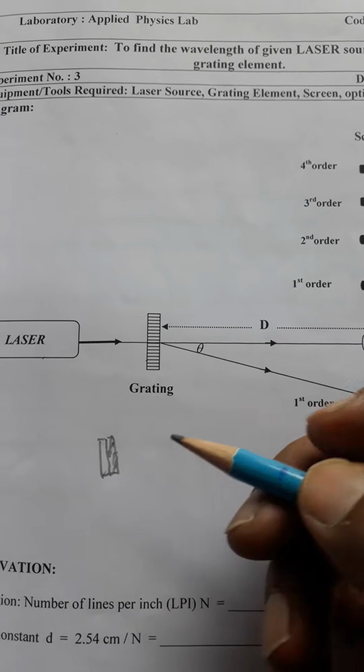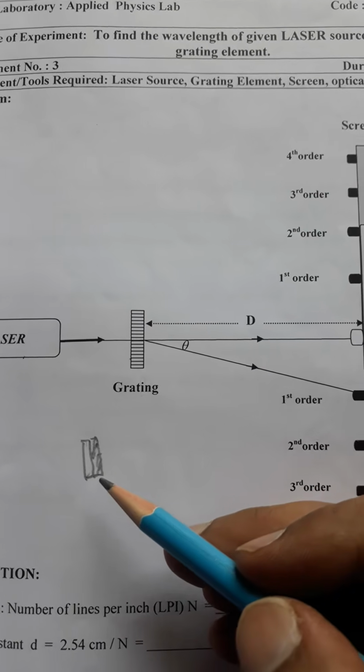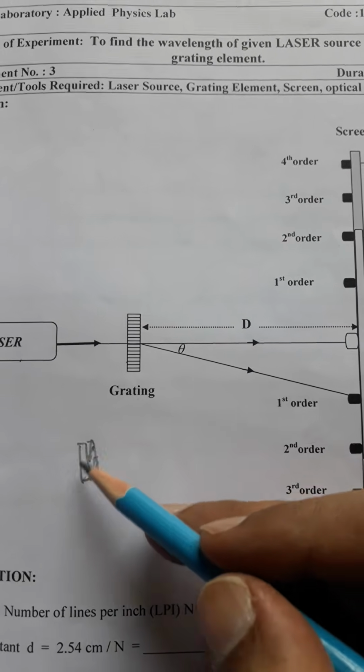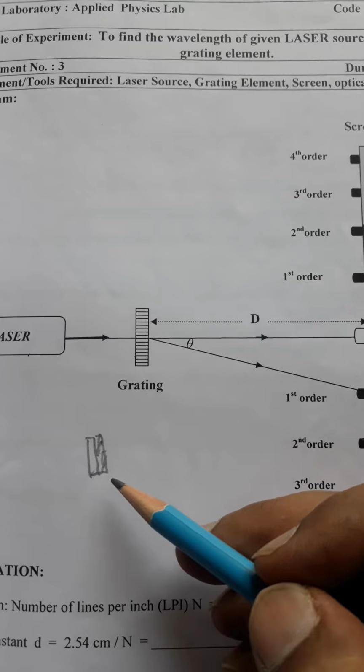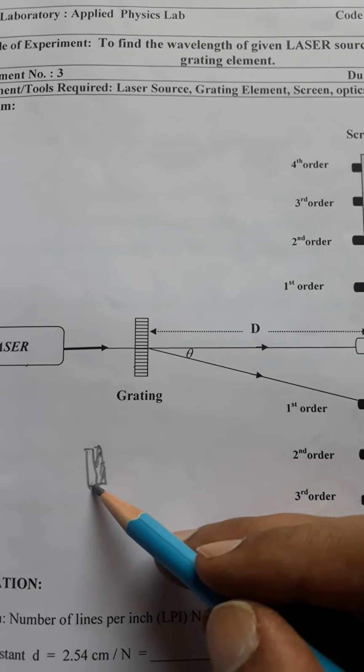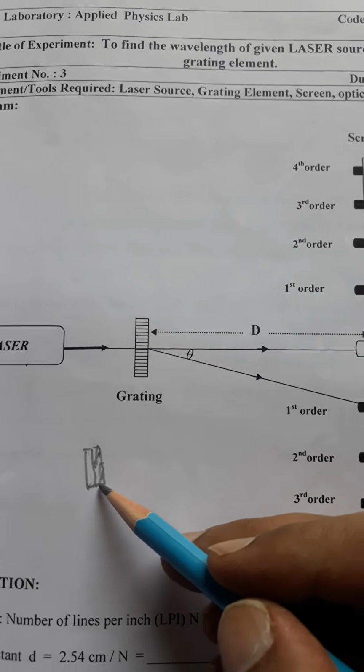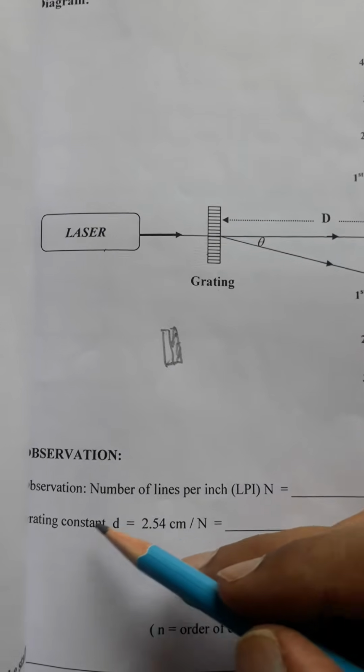If the grating says there are 500 lines per inch, it means there are 500 such elements per inch. The combined width of the slit and opaque surface we call the grating constant.